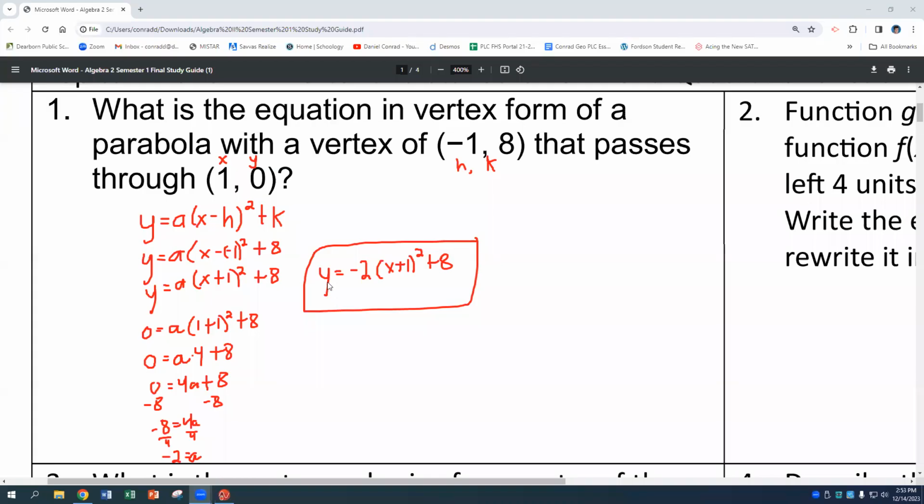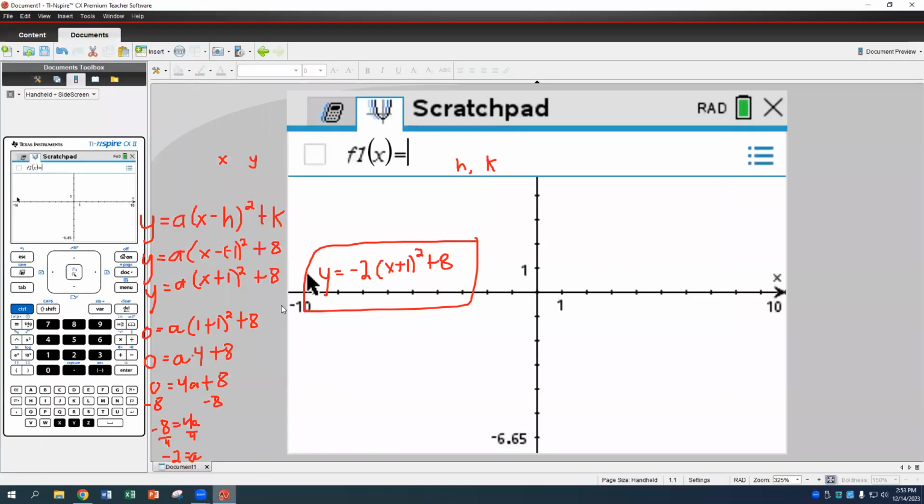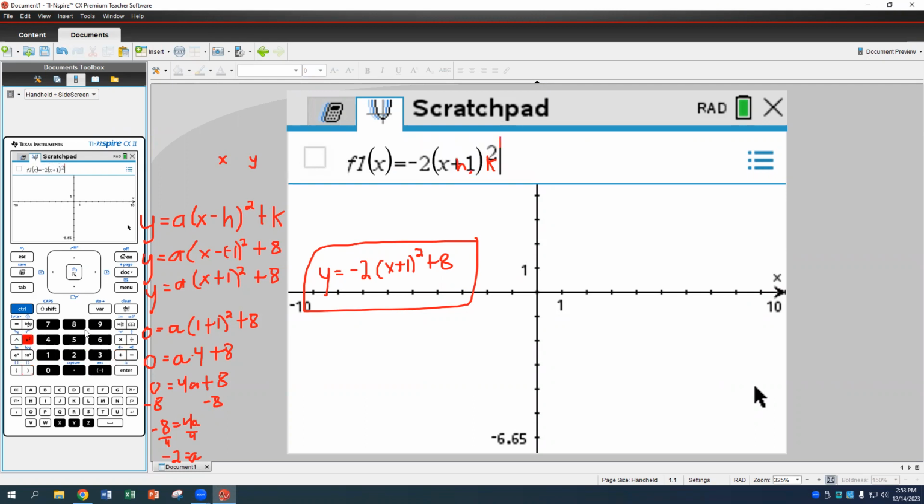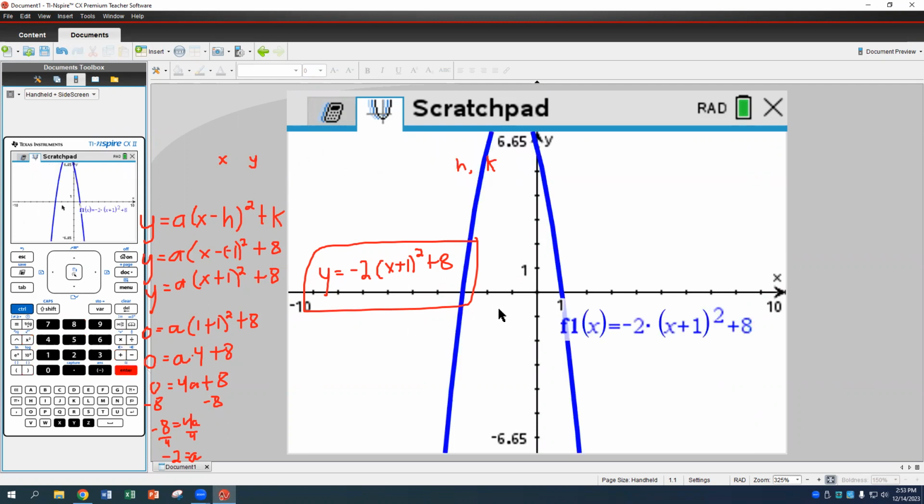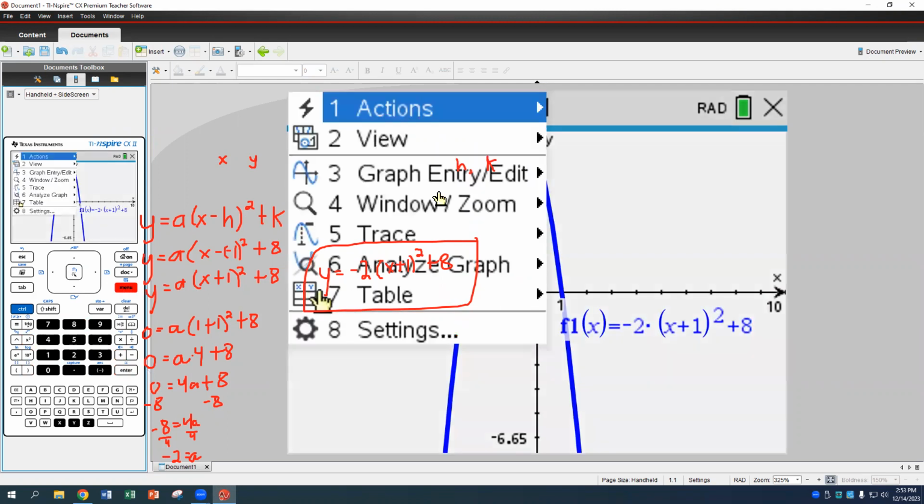All right, if we want to check our answer, we can use the graphing calculator and graph it. So if we put in our equation -2 times x plus 1 quantity squared plus 8, and we graph it, we got to zoom out a little here.